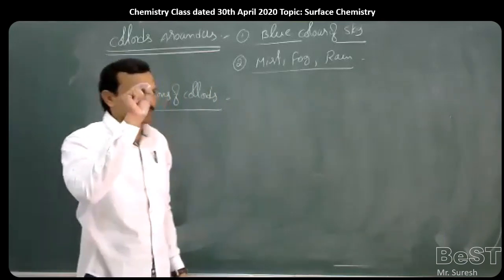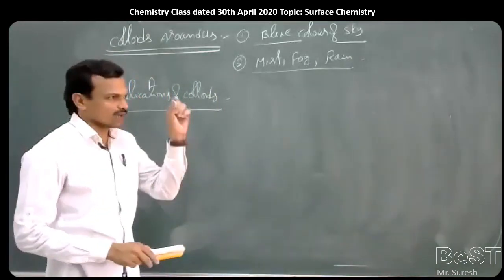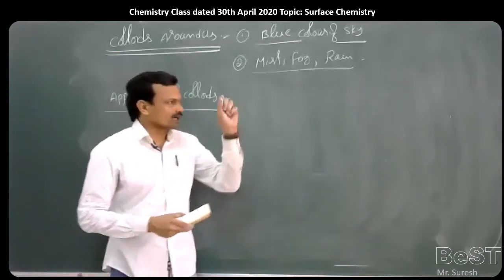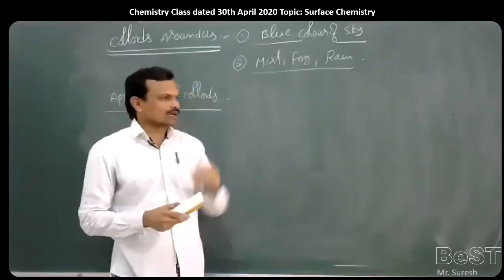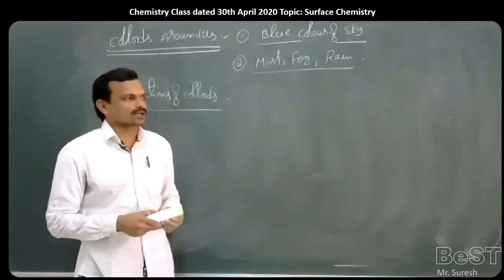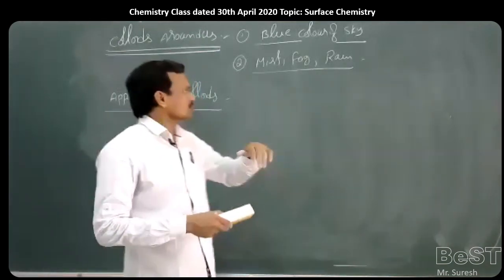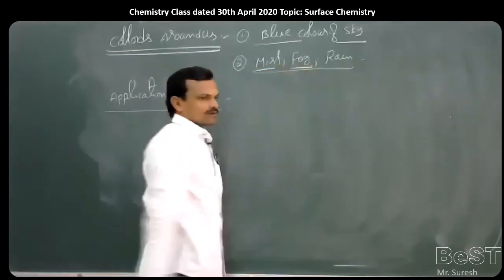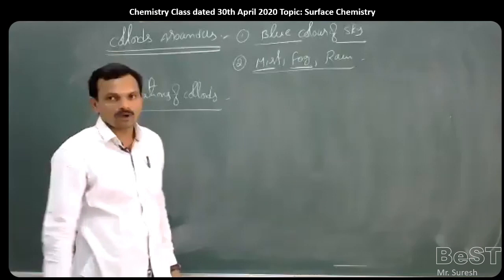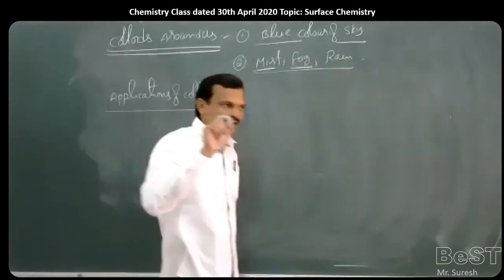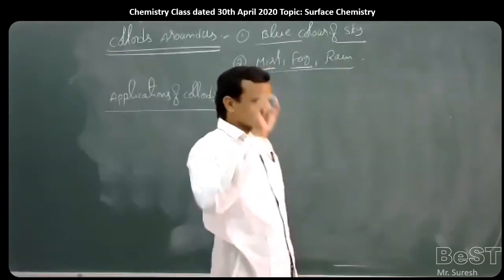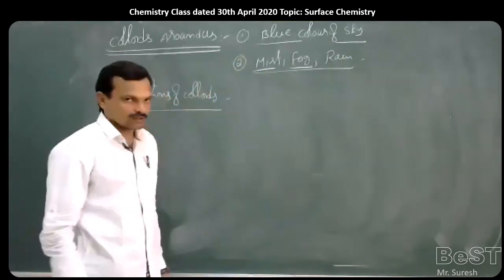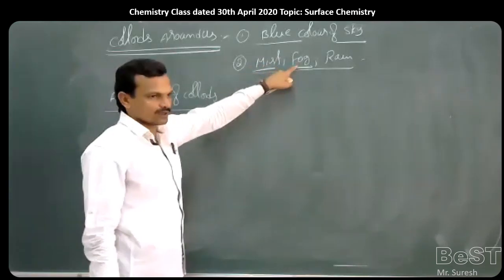The water vapor present in the atmosphere gets condensed on dust particles present in the atmosphere, and these particles can move freely and spread from one place to another, which is nothing but what we observe as mist or fog. So due to the condensation of water vapor as tiny droplets on the surface of dust particles, which spread in the atmosphere, a mist or fog is formed.